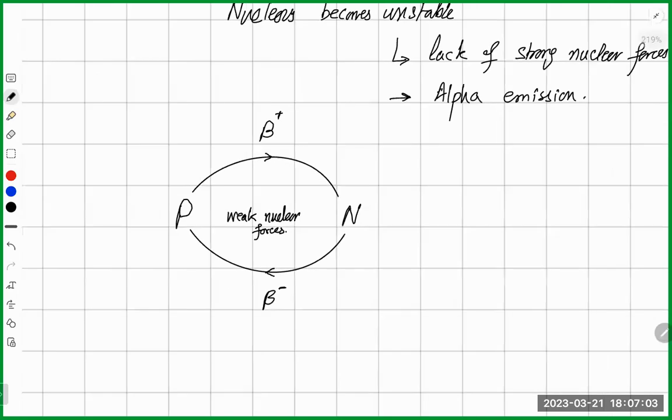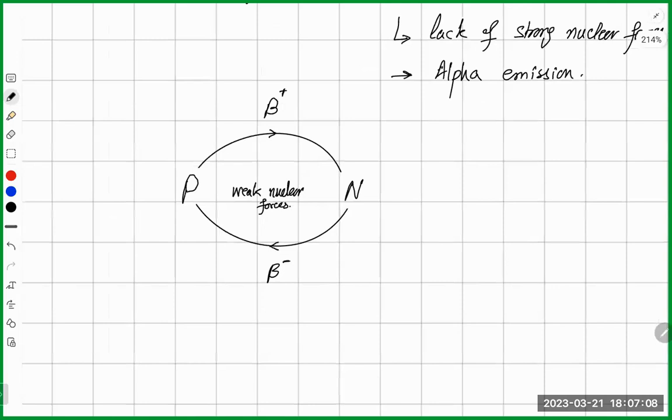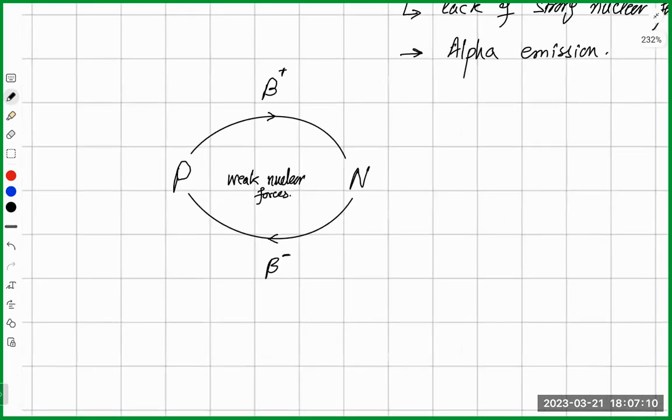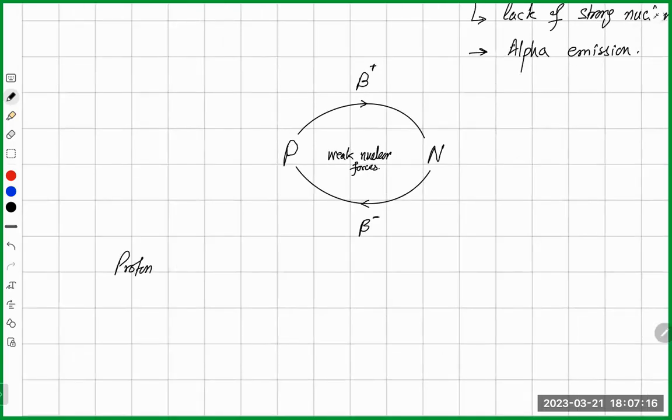Now, when a proton is converting into a neutron, up, up, down converts into up, down, down.